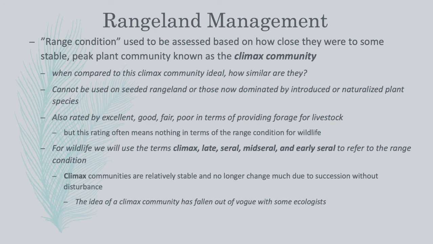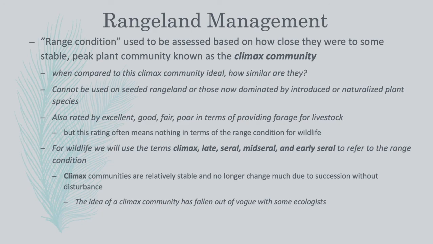So the problem with this, again, from our perspective, looking at game birds, is that this rating often doesn't mean anything in terms of range condition for wildlife, right? So just because it's excellent forage for cattle does not mean that it's appropriate habitat for prairie chickens.